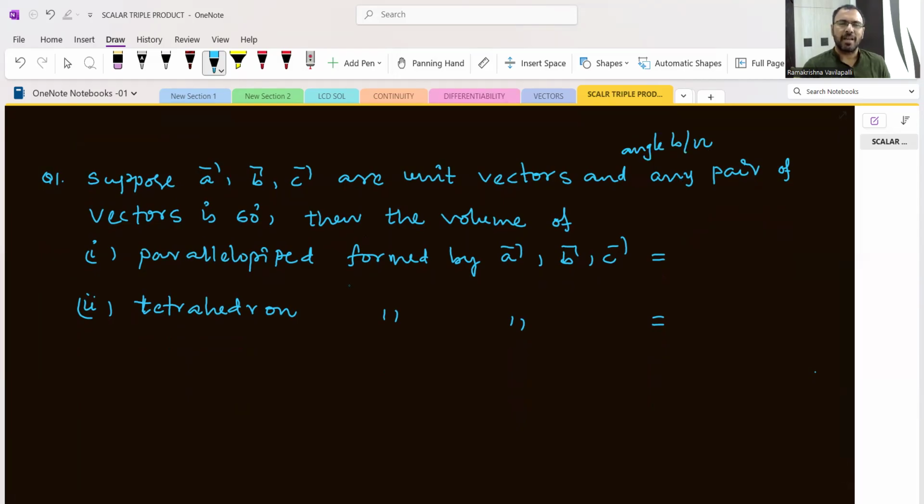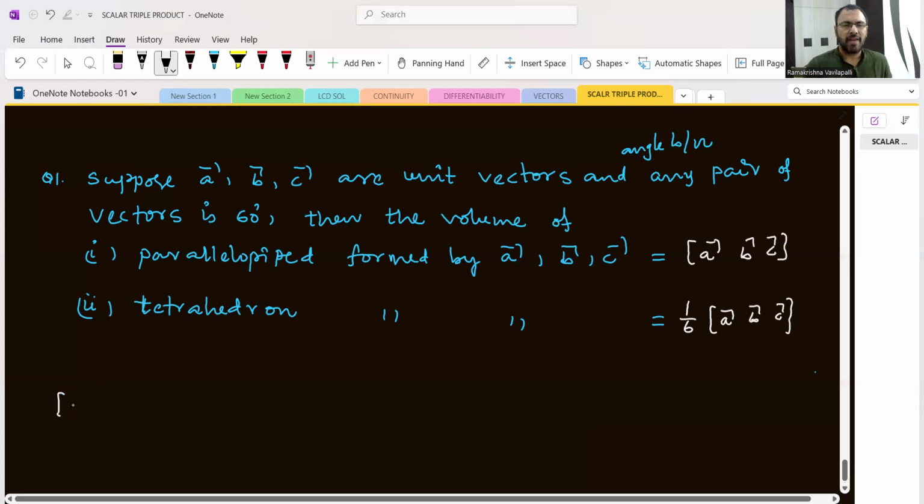Then the volume of the parallelepiped formed by A bar, B bar, C bar, or the volume of the tetrahedron formed by A bar, B bar, C bar. Well, what is the volume of the parallelepiped formed by A bar, B bar, C bar? It is box ABC. So we need to find out that box ABC. And the tetrahedron is 1 by 6 box ABC. So in either case, you need to find out the box ABC value.